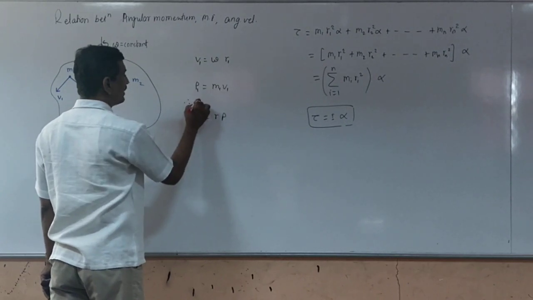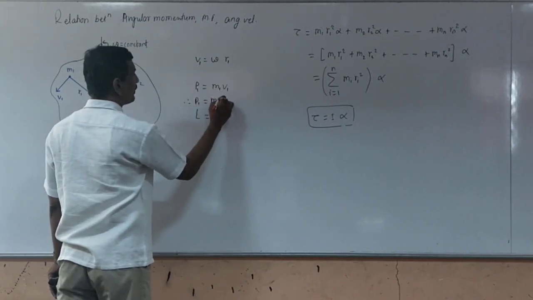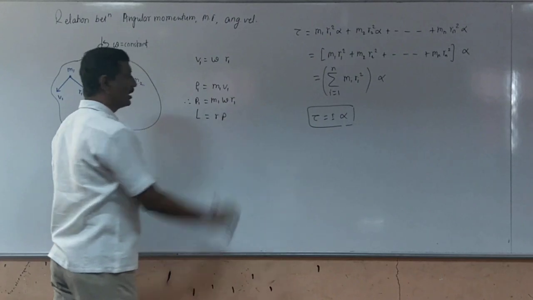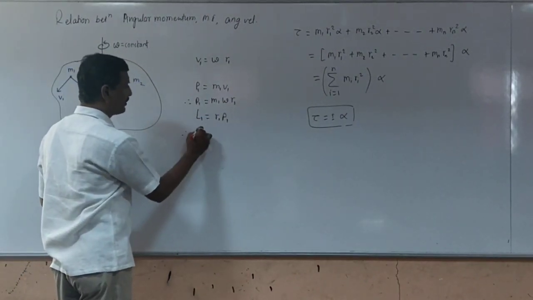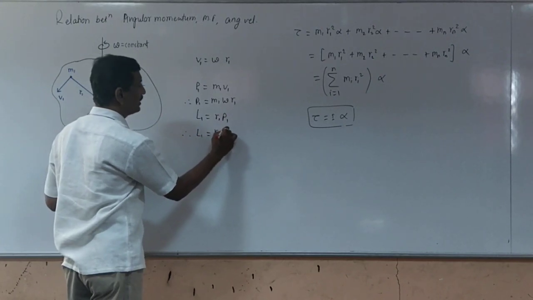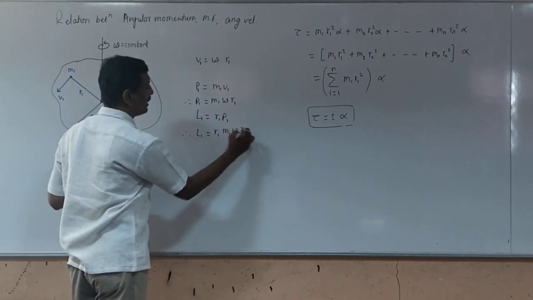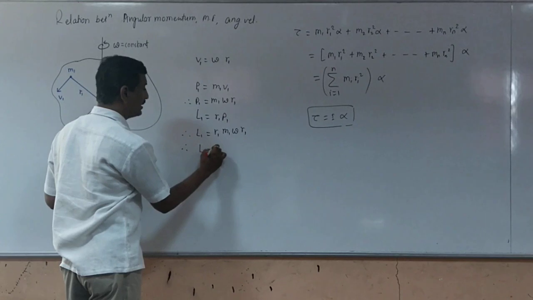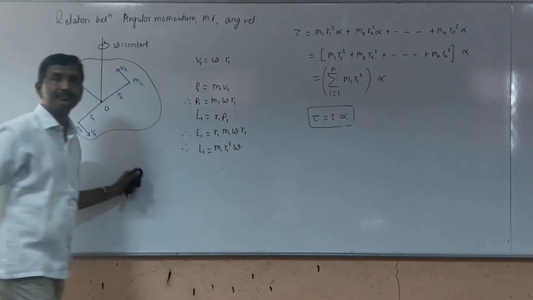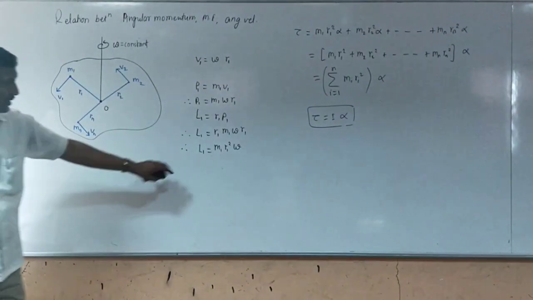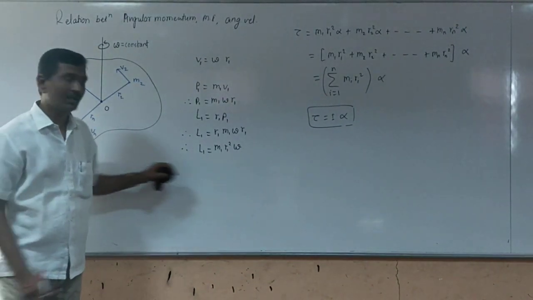Put the value of v1, we get p1 = m1 ω r1. L1 = r1 p1. Put the value of p1, we get L1 = r1 m1 ω r1. Therefore L1 = m1 r1² ω. This is the angular momentum of the first particle.